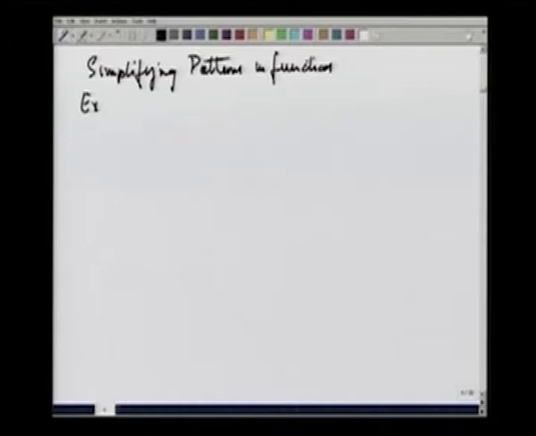Examples. First example, v of t, or if you like f of t, equals k, let us say. So, this is a function. We want to see if there is a pattern in this function.